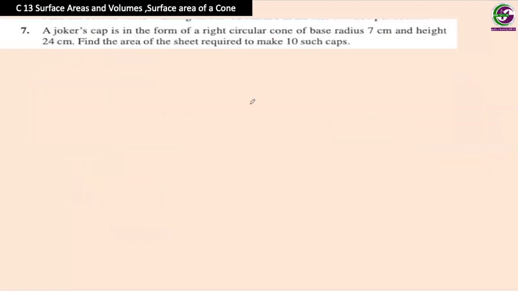Let's see question 7. A joker's cap is in the form of a right circular cone of base radius 7 centimeters and the height is 24. So first we have to find L using Pythagoras theorem.